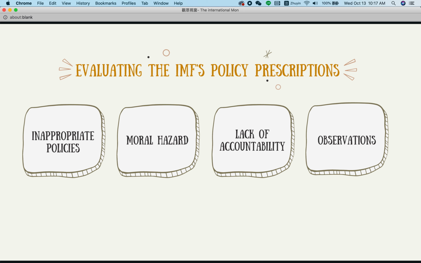A second criticism of the IMF is that its rescue efforts are exacerbating a problem known to economists as moral hazard. In 1997, critics argued that the banks should have been forced to pay the price for their lending policies by taking drastic actions.